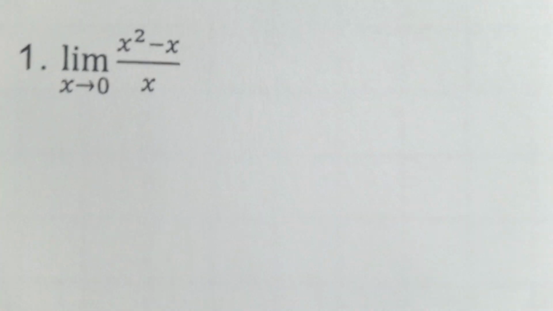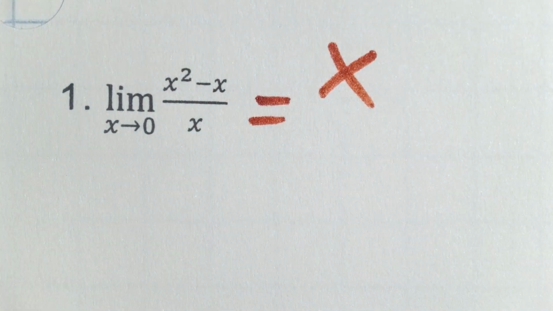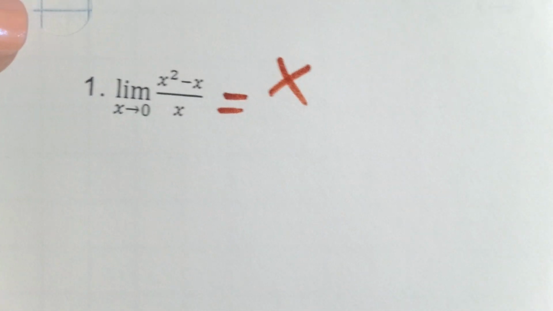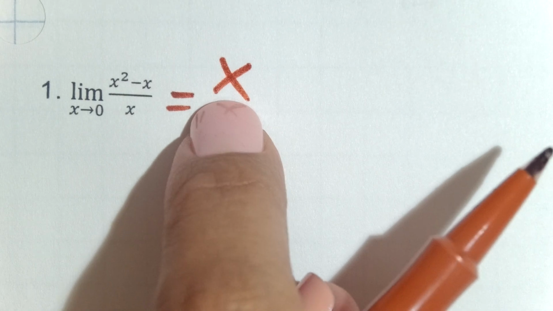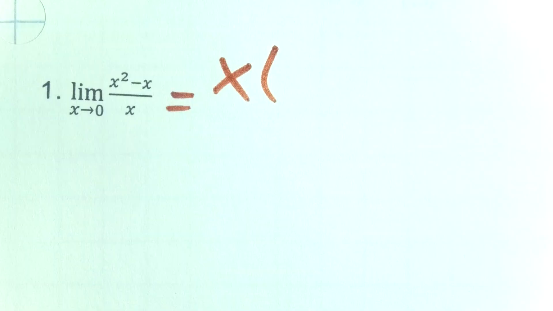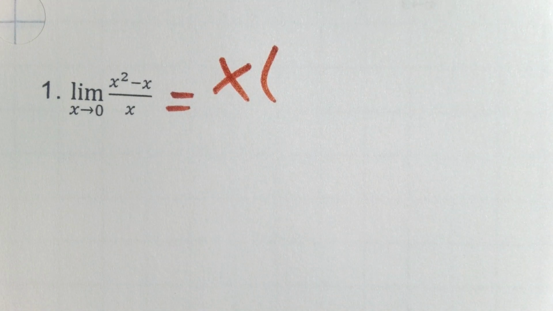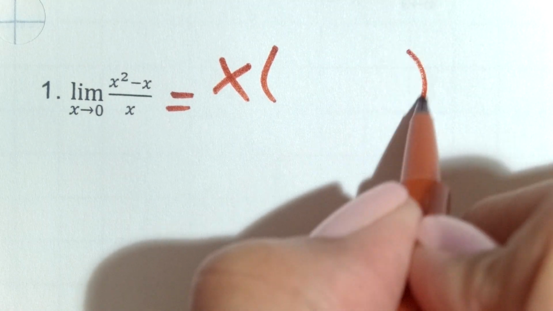X. They both have an X in common. Is that the only thing they have in common? Do they have any numbers in common? 1. Yeah, but we don't need to write the 1. Anything other than 1? No. Alright, so let's write our binomial.